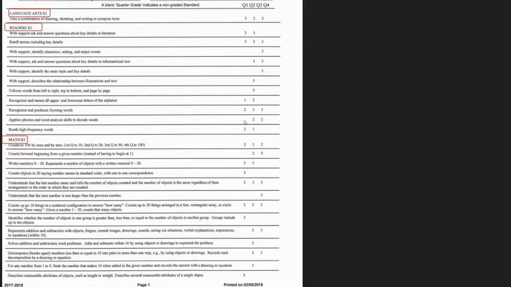On a standards-based report card, you will still see each content area listed. However, you'll notice there's much more information. There is no overall score for each particular subject area. Instead, for each subject area, there is a list of standards that were assessed for this particular learning period or this particular quarter.